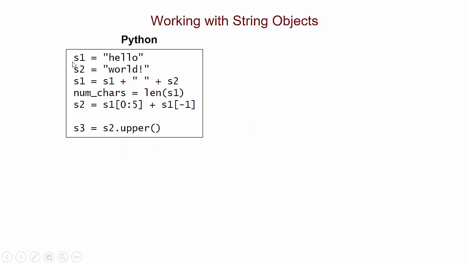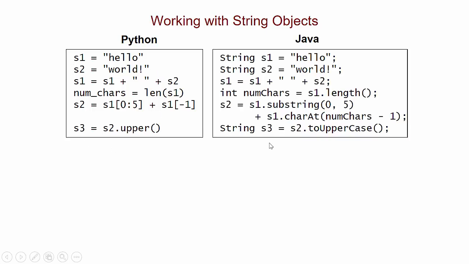So here is a Python program, a really simple one. So here is the corresponding Java code fragment. So let's just look at some of the obvious ways in which it's different. We again need to have semicolons at the end of each statement. We need to declare our variables. So S1 and S2 are declared to be of type string. Numchars is going to hold an integer, so it's of type int.